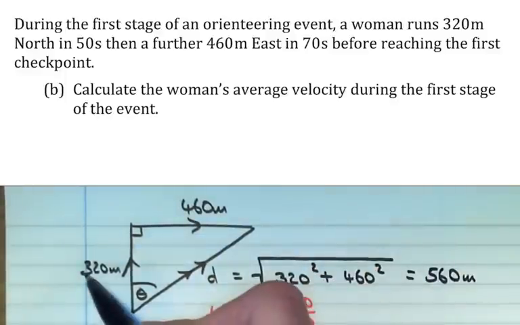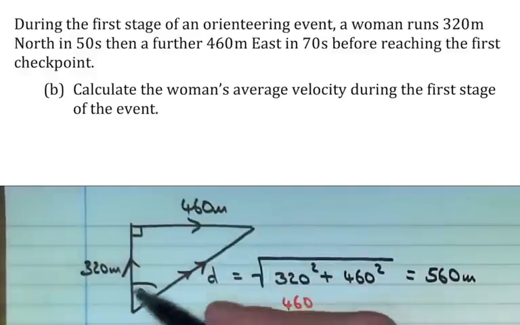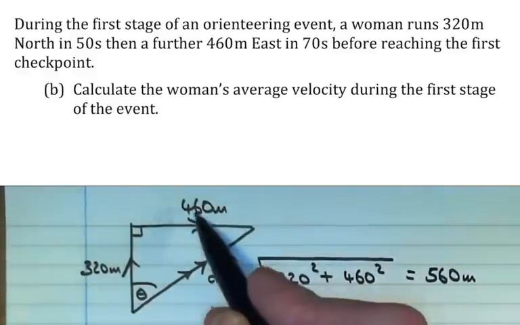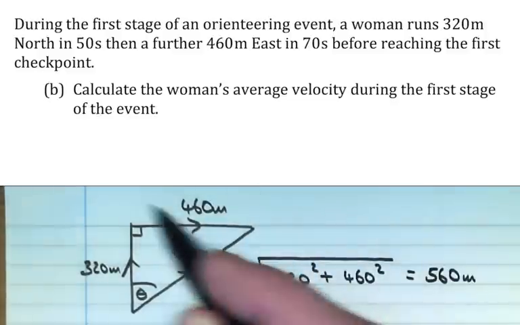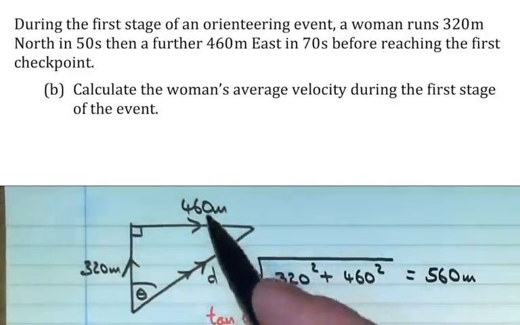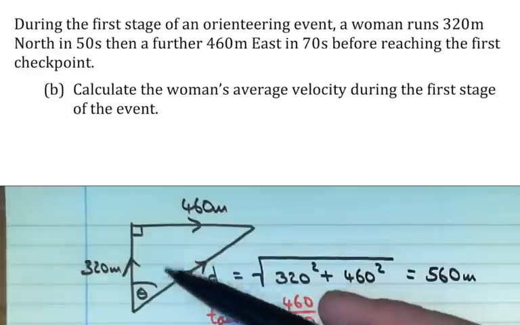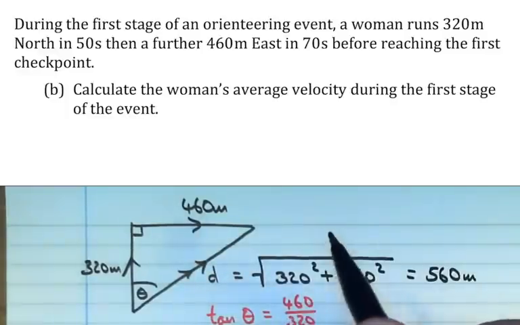That gives us 780 meters with no direction. So distance would just be 780 meters. If we had to find the speed, we would take that distance of 780 meters and divide it by the total time. The total time in the question is 50 plus 70, which is 120 seconds.